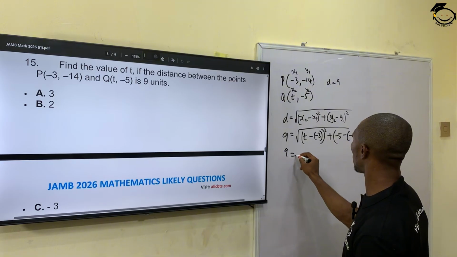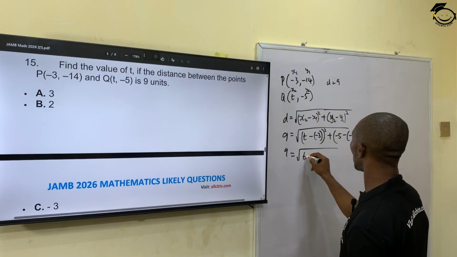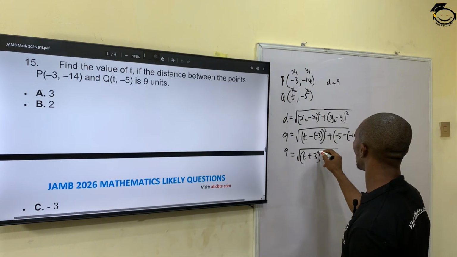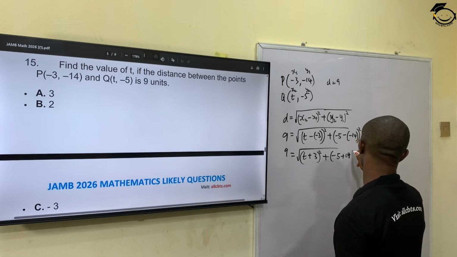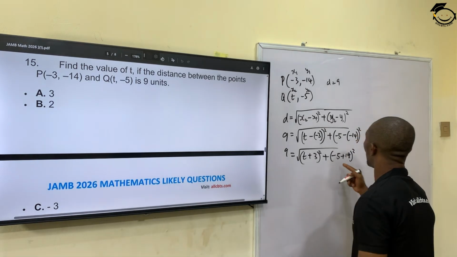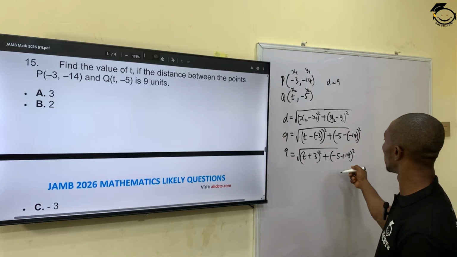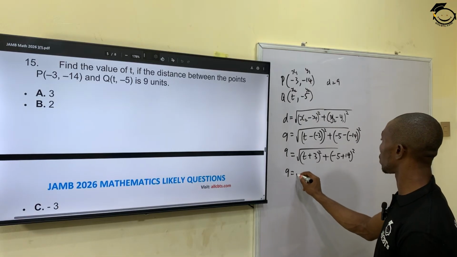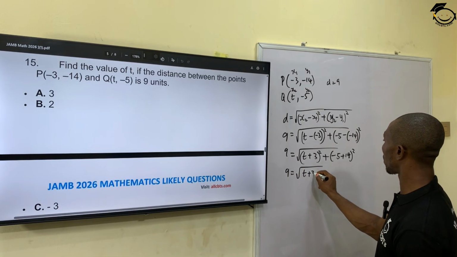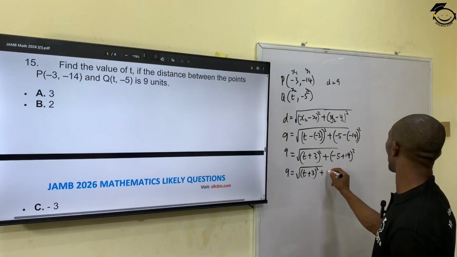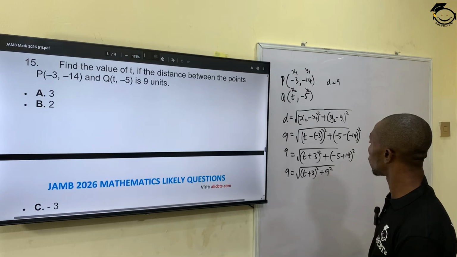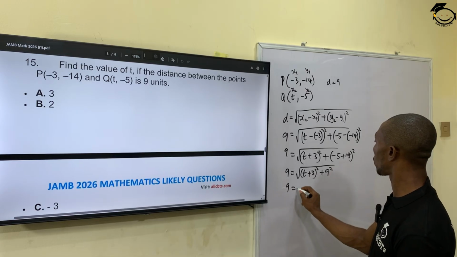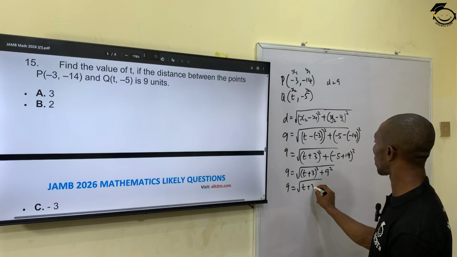Okay, so 9 equals root of t plus 3 squared plus minus 5 plus 14 all squared. Now, minus 5 plus 14 will give us 9. So this becomes 9 equals root of t plus 3 squared plus 9 squared. And 9 squared is 81.